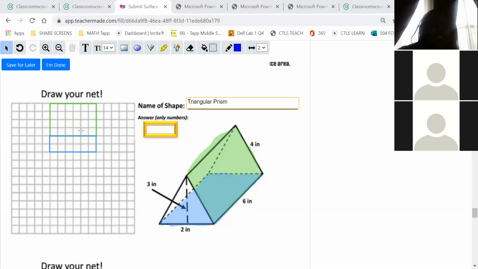But now I have for this triangular prism, there are 2 sides that are congruent. So I'm going to draw another one of these green sides that's 6 by 4.